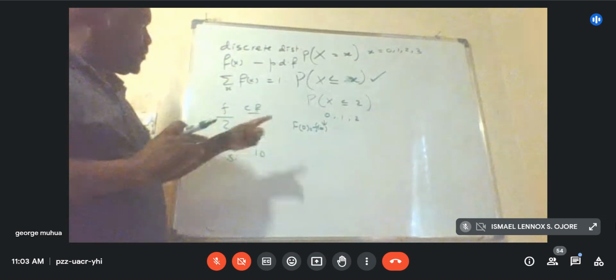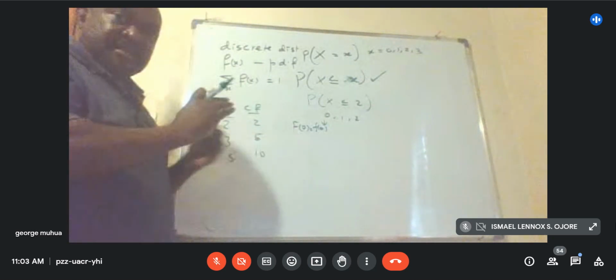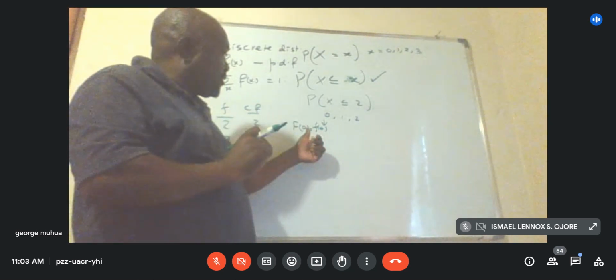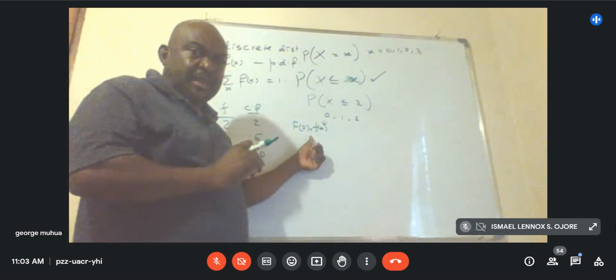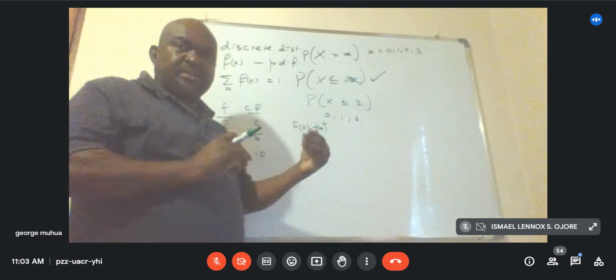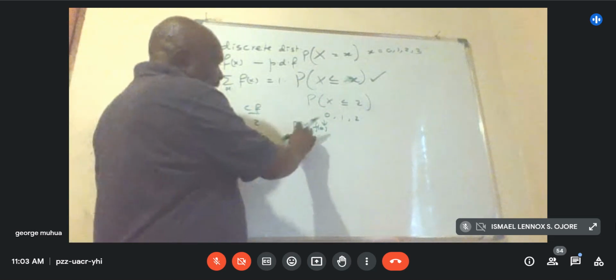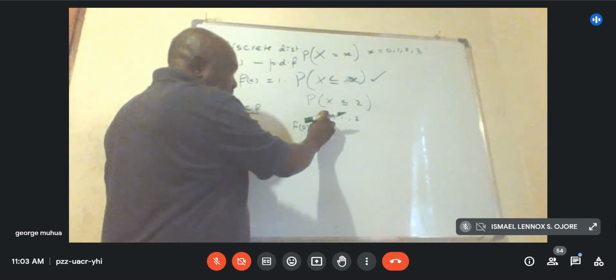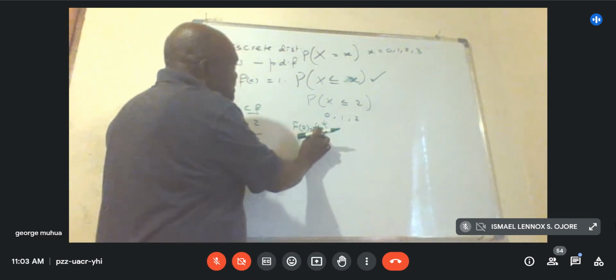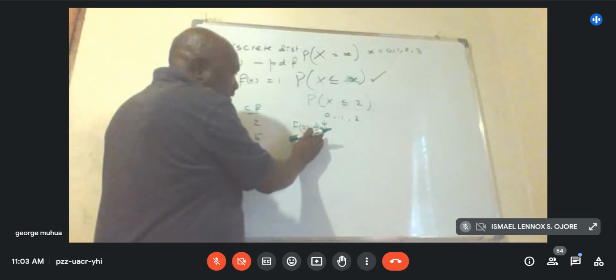So if you have been using these notations interchangeably, please note that when we say PDF, it is conventional that you use the small f, so that the capital F represents the cumulative distribution. So if my x is equal to 0, it's the PDF, meaning that I can substitute it in that distribution and I get the value.